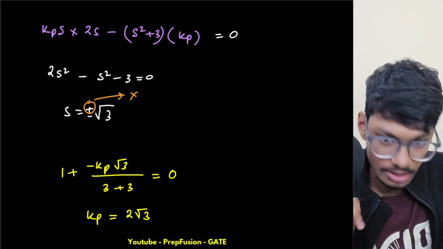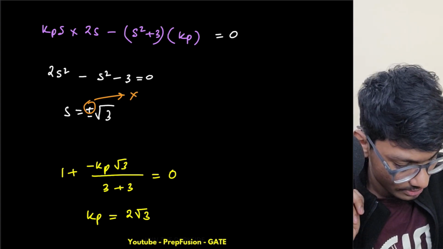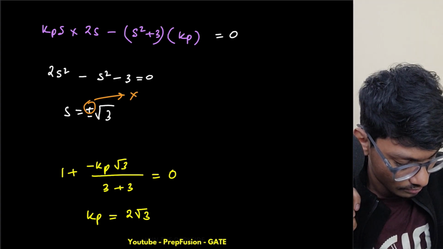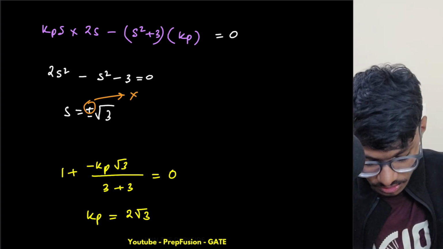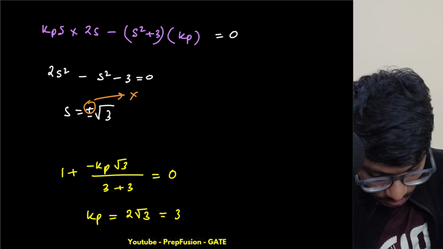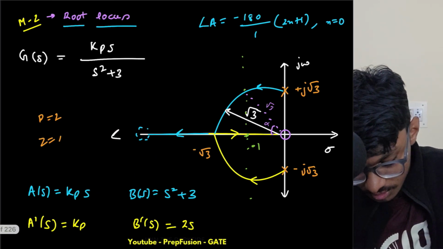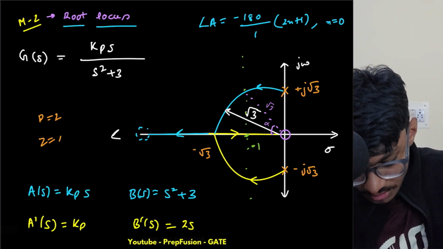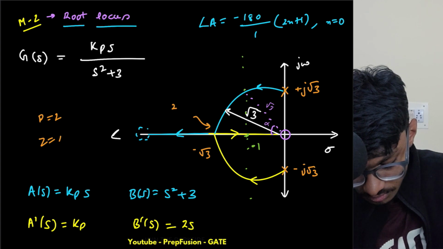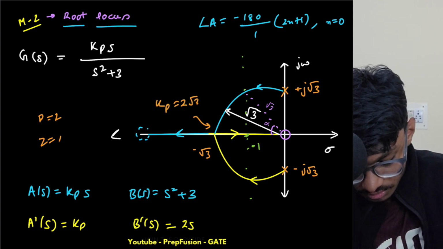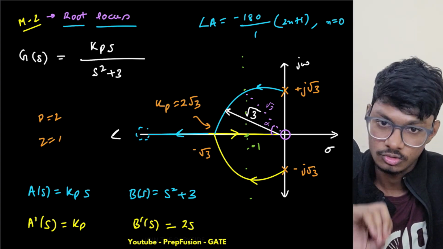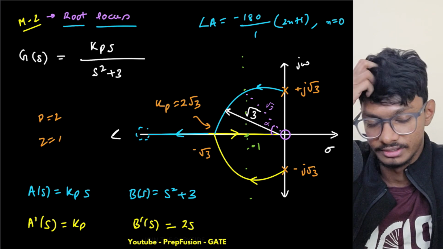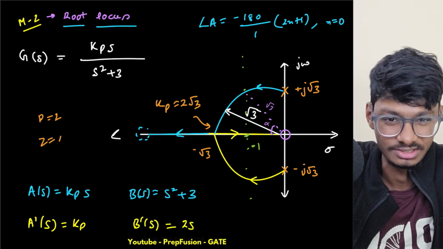So my kp is simply 2√3. If my kp is 2√3, what is the exact value? It is 3.464. So at this junction my kp is 2√3. Obviously, in the exam hall you don't solve it with this method, you solve with the Routh array because that is much easier.